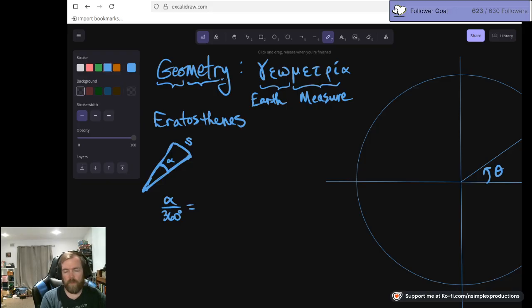This was all done in words because none of them had this notation. Our particular arc length, the distance that we've gone around the Earth between Cyrene and Alexandria, is going to be compared in the same ratio with the circumference of the entire Earth.